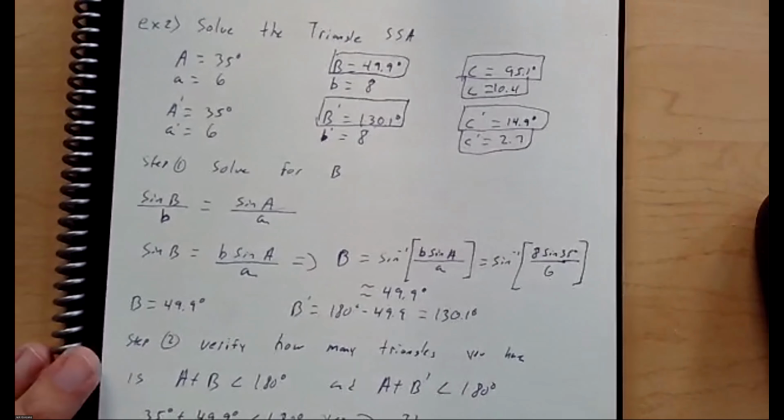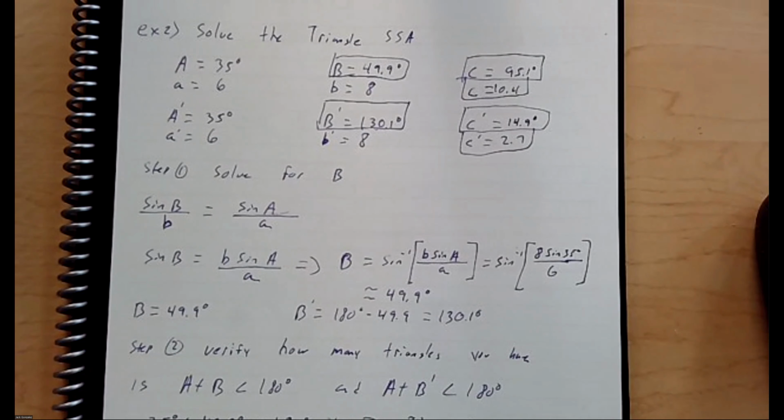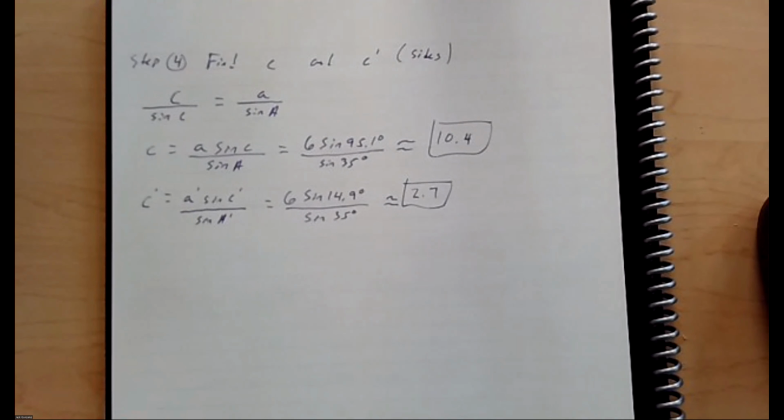Okay, there's only two triangles. The book has a nice picture of both of them. I'm not going to draw it. Any questions on any of these steps? Is it okay?